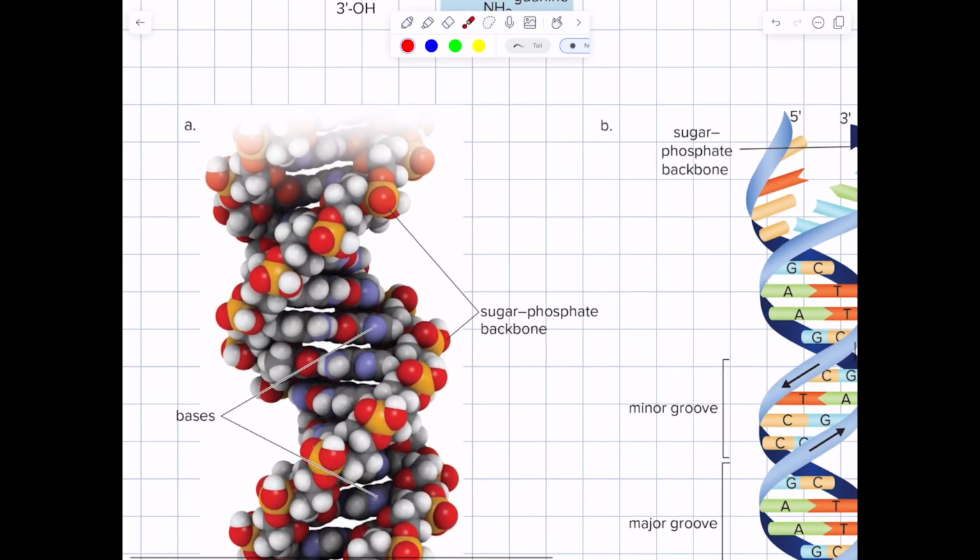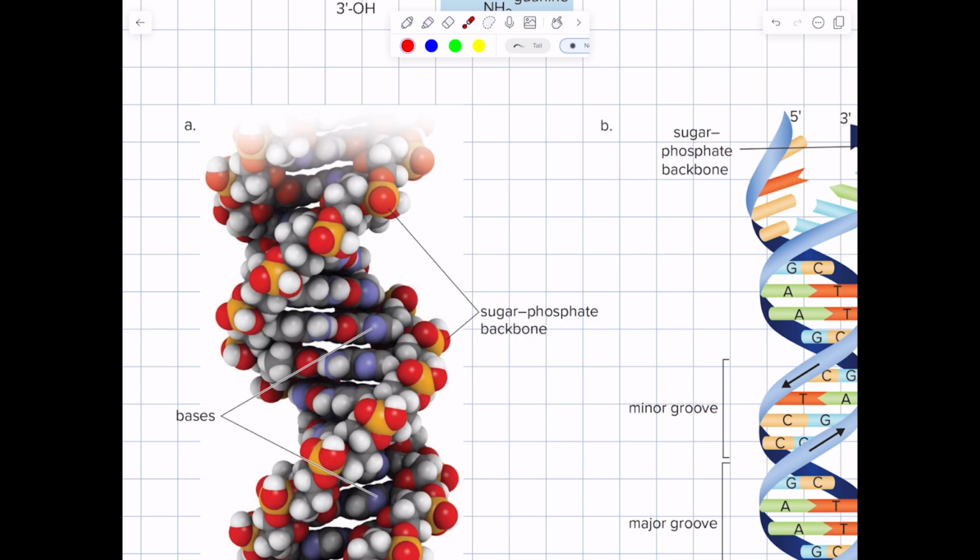And you have on the exterior of that double helix the so-called sugar phosphate backbone. The carbon atoms of the sugar are colored gray and the hydrogens are colored white. The phosphoruses are colored orange, and they're bigger than carbon because phosphorus is one row down on the periodic table from carbon. And then the oxygen atoms are all red.